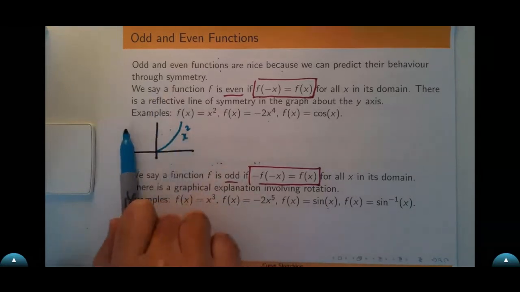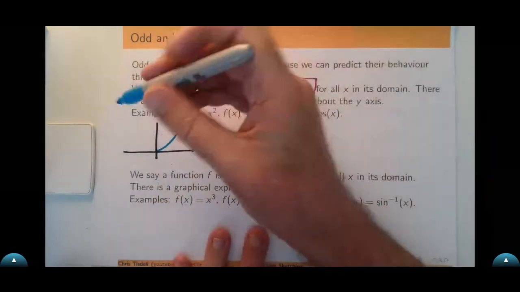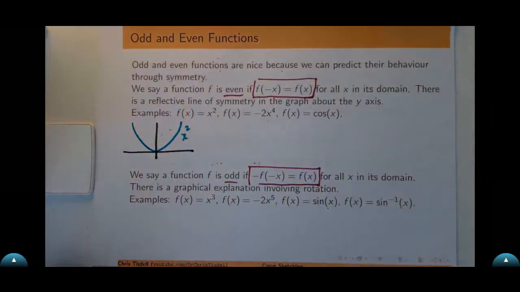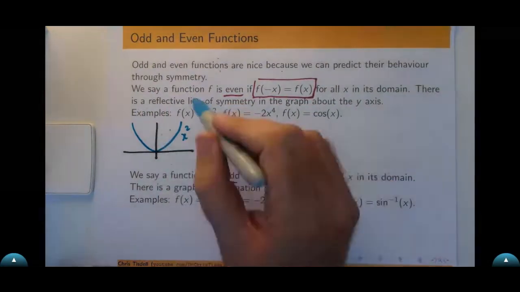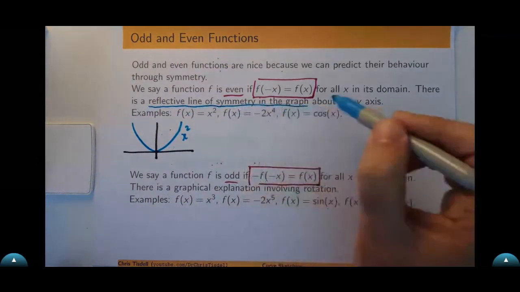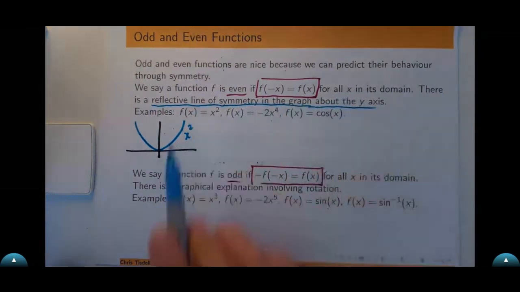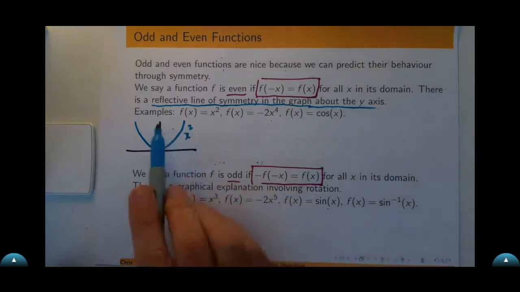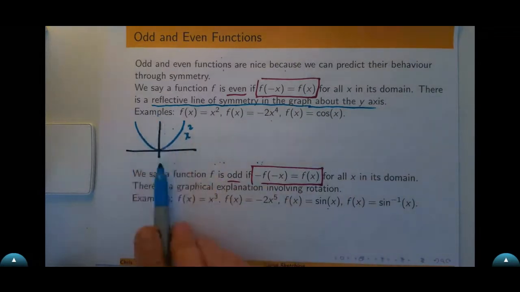You take those points, you reflect them over here, and you get the other half of the graph. That's what we mean when we say a reflective line of symmetry. You can plot this graph, reflect it through the y-axis, and you get the other half of the graph.